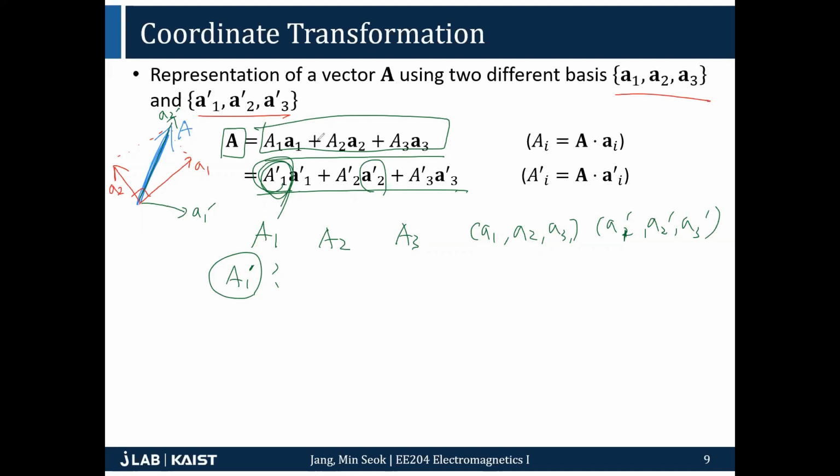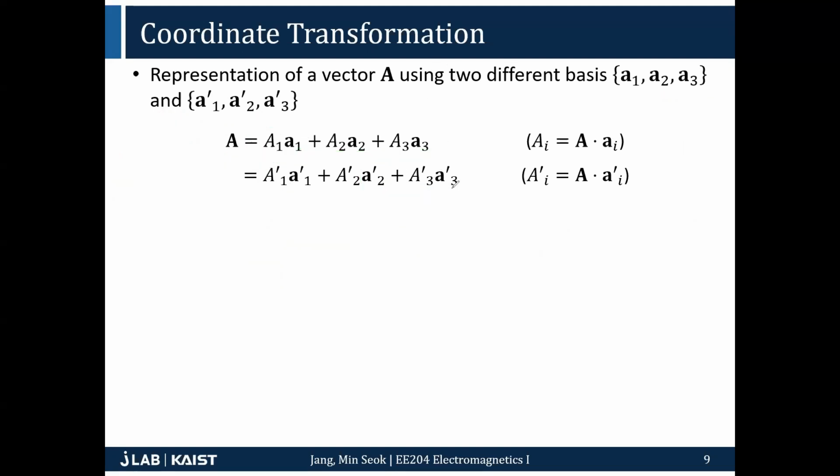Because we know everything else, here we can use the orthogonality properties of the basis vectors. So let me tell you the trick. The trick is you take an inner product with A1 prime on both sides.